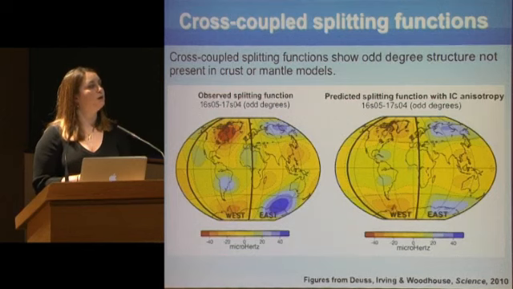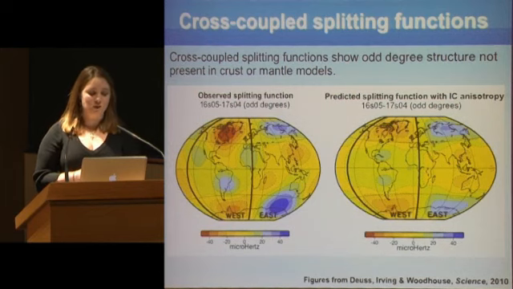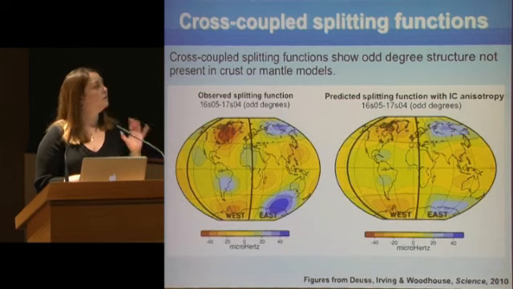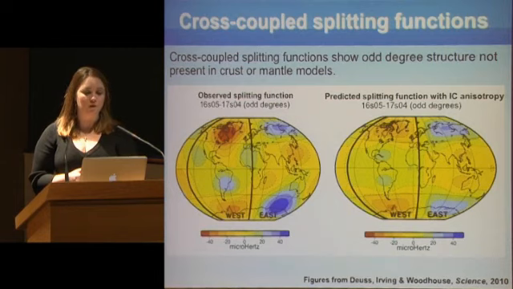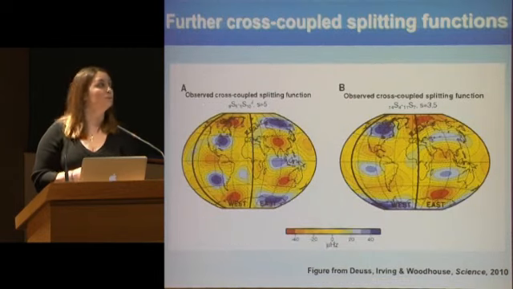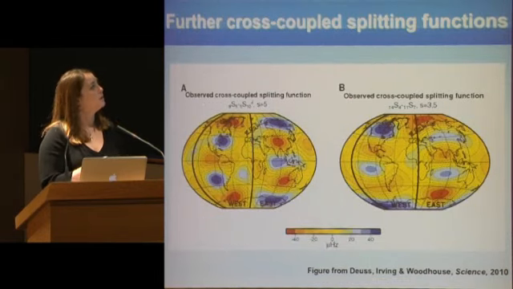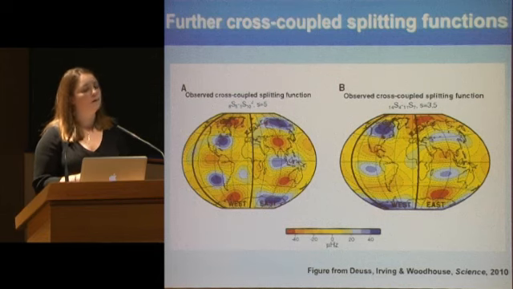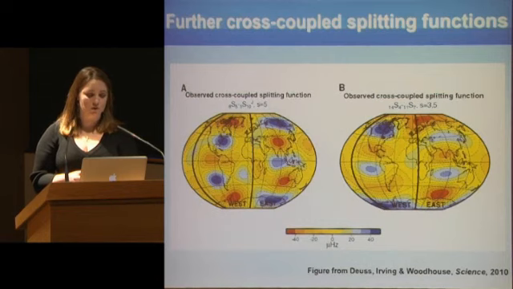But if we put hemispherical structure into the inner core, then all of a sudden we see a pattern similar to the observation we can make. And this is just an observation for one mode, but if we measure splitting functions for other normal modes, then again we start to see these hemispherical patterns in the odd degree splitting functions.